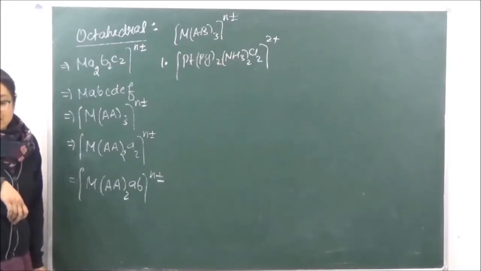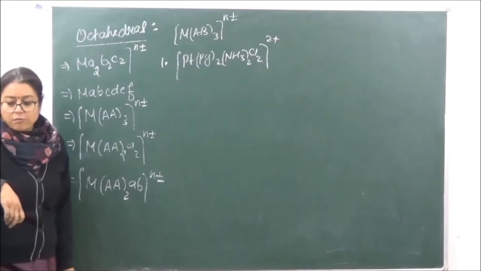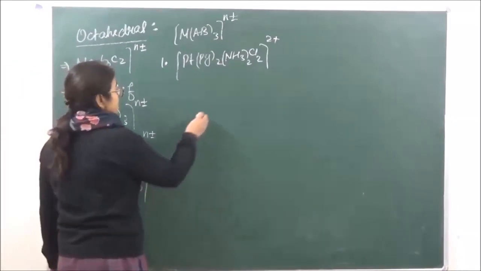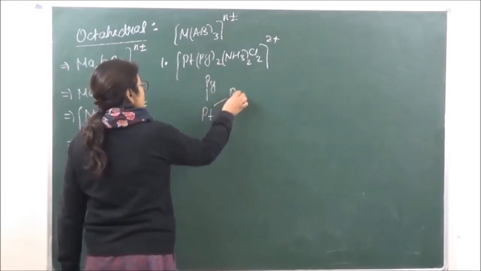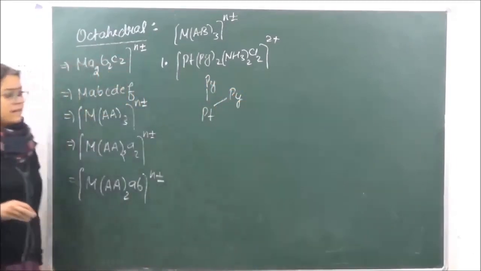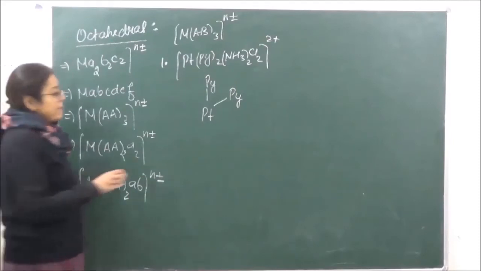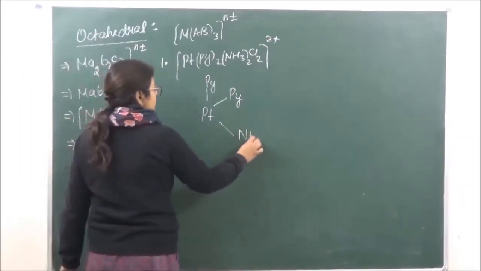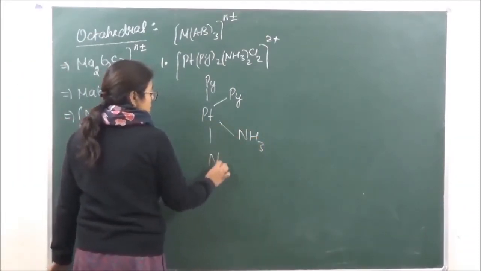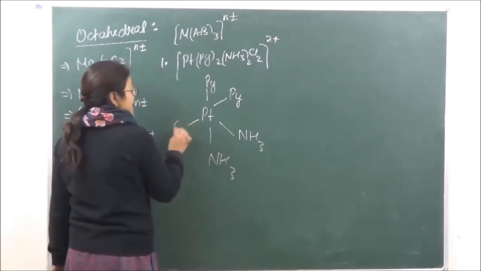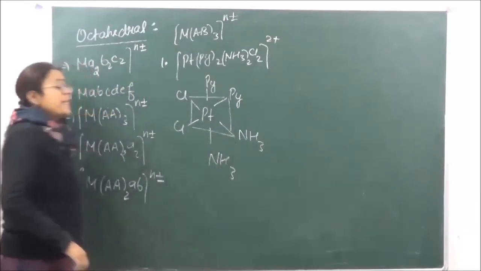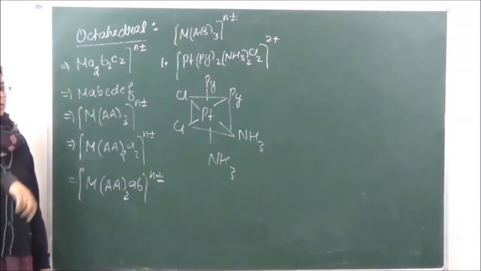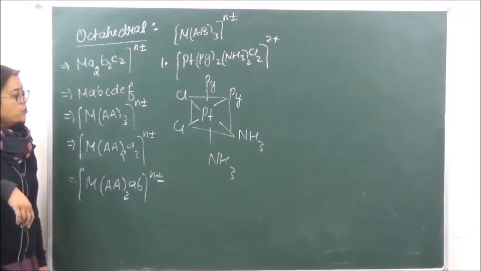Now in this case, when we are talking of the cis isomer, cis means that we have pyridine and pyridine at the adjacent positions, ammonia at the adjacent position, and chlorine at the adjacent position. So this is going to be a cis.